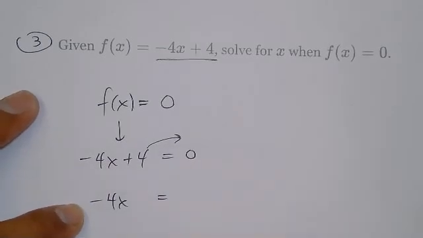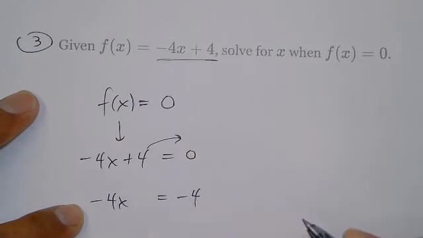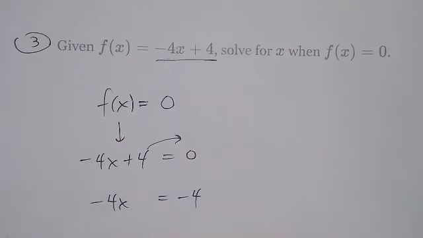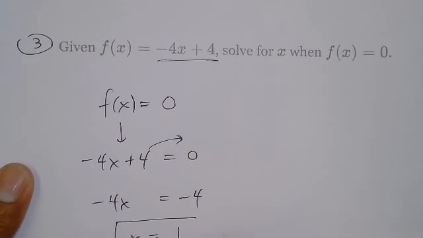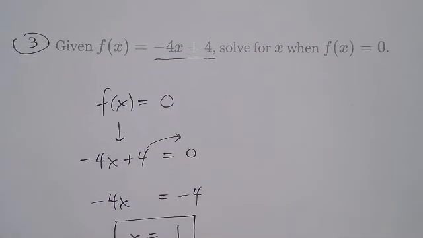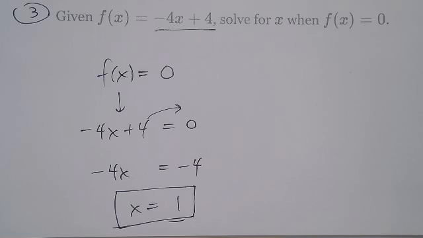What happens when this positive 4 moves to that side? It's still positive 4? No, see? You're going to drop the ball on little simple algebra 1 stuff. Don't do that. X is equal to positive 1, yeah? Is that right, positive 1? Yeah. We got it? That's it.